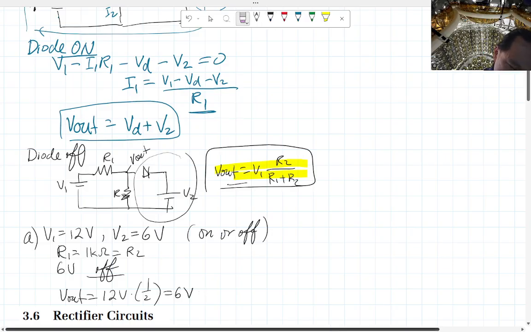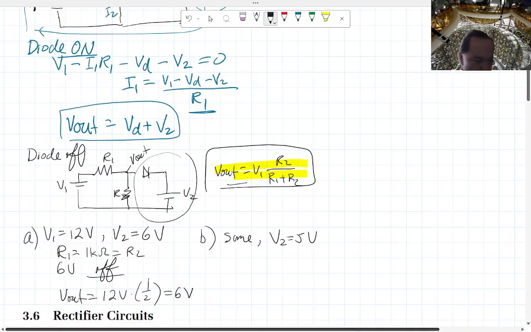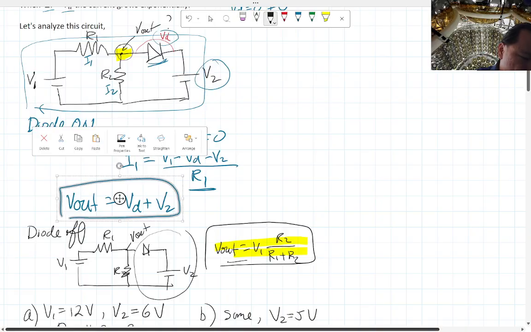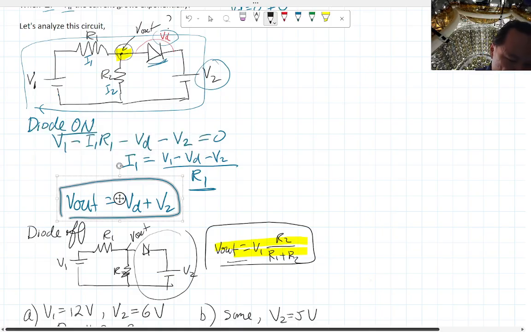Okay. Say we have another version of the same problem, same circuit, but then we lower V2. Same, except that V2 becomes 5 volts. Yeah, you can see why I picked these numbers. Okay. So once again, the voltage divider is going to give you 6 volts on this V out. But in this case, 6 volt is going to be 0.7 volts above V2, which is at 5 now.